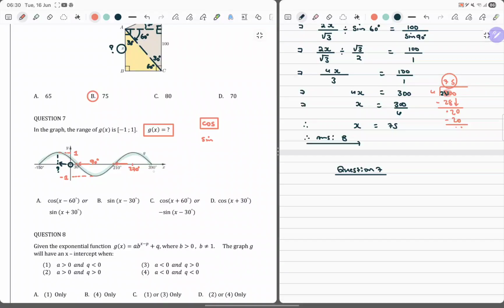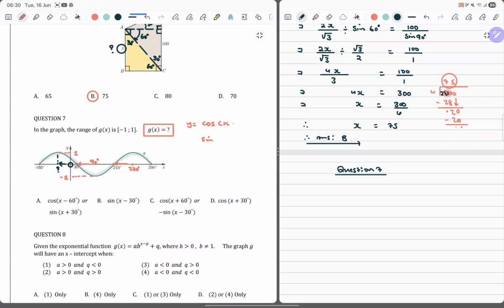Now this is greater than 360. We don't want to focus too much on it. But now what is this? 270 minus 60 goes to 210. 90 minus 60 goes to 30 degrees. So this means our equation must have been cos of x.